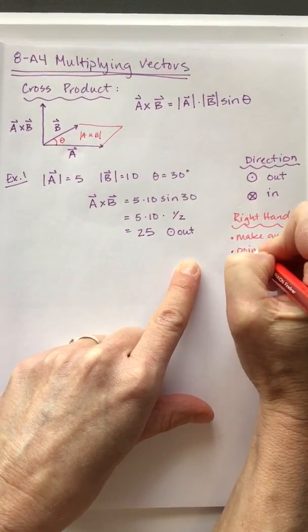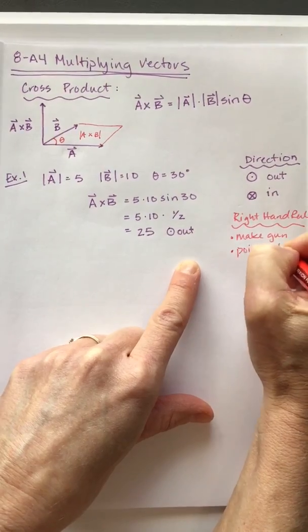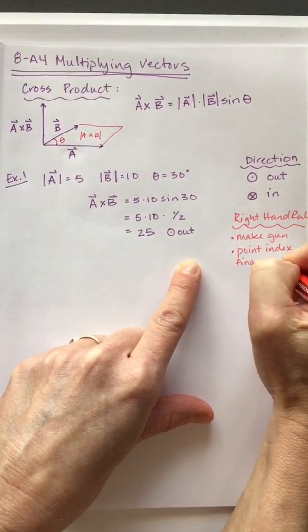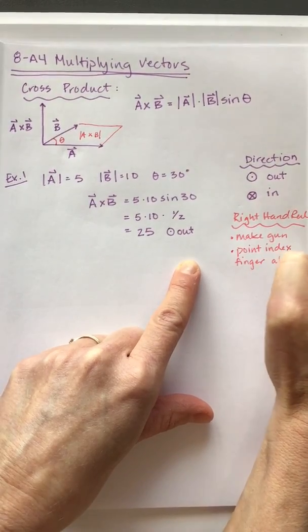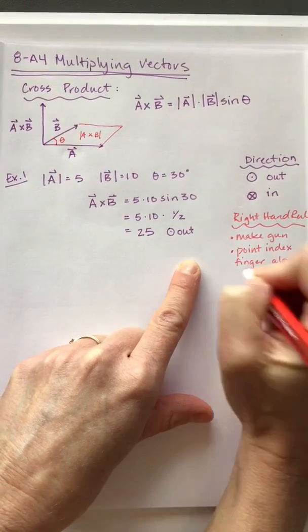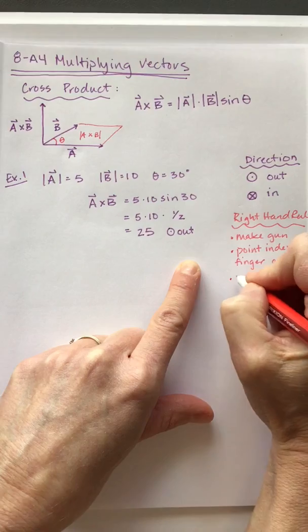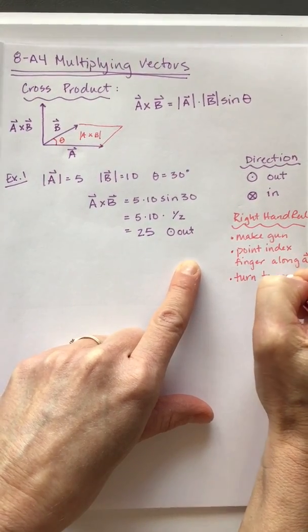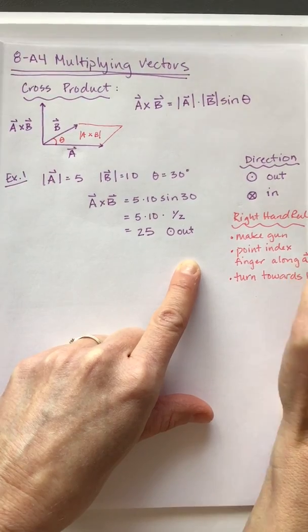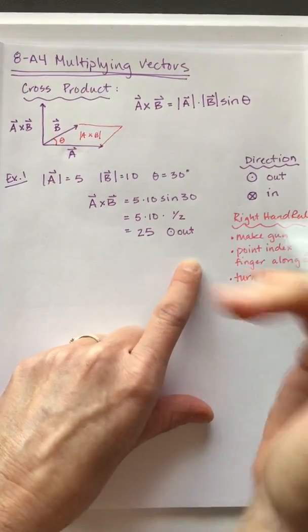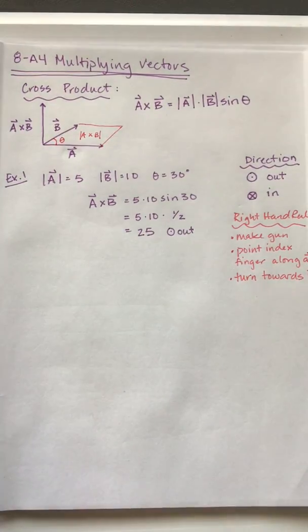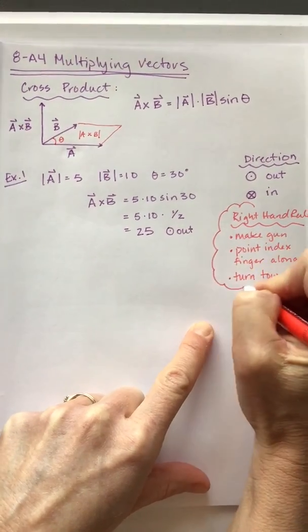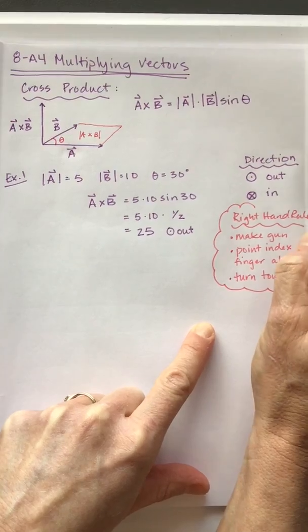Point your index finger, pointer finger, along A, vector A, and then turn towards B, or curl your fingers towards B.